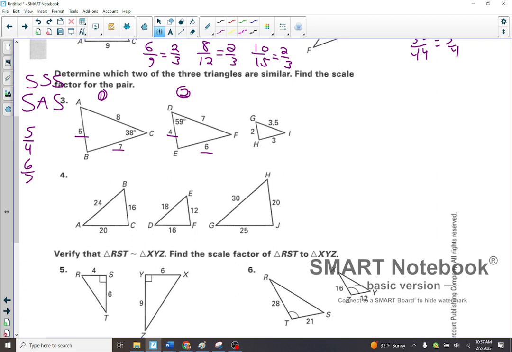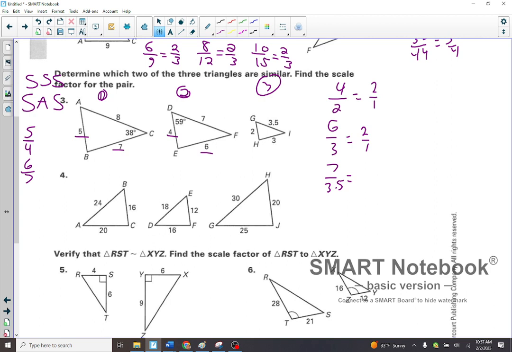Triangle 2 to triangle 3, I'll call this one 3. The small 4 goes with the other small 2. It's 2 over 1. The small 6 goes with the other small 3, 2 over 1. And the small 7 goes with the other small 3.5. That is going to be 2.1.